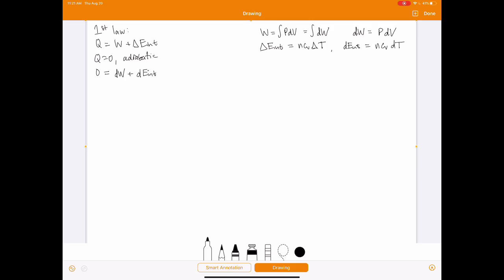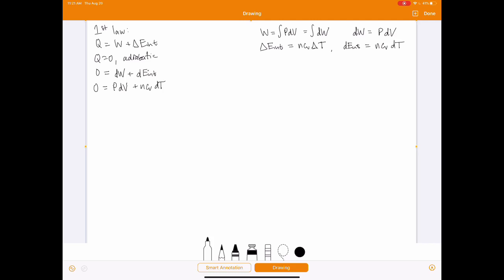That's just the calculus notation for infinitesimal changes. So going back to the first law equation, now we have 0 is equal to P dV, that's the work, and then nCV dT for the internal energy change.